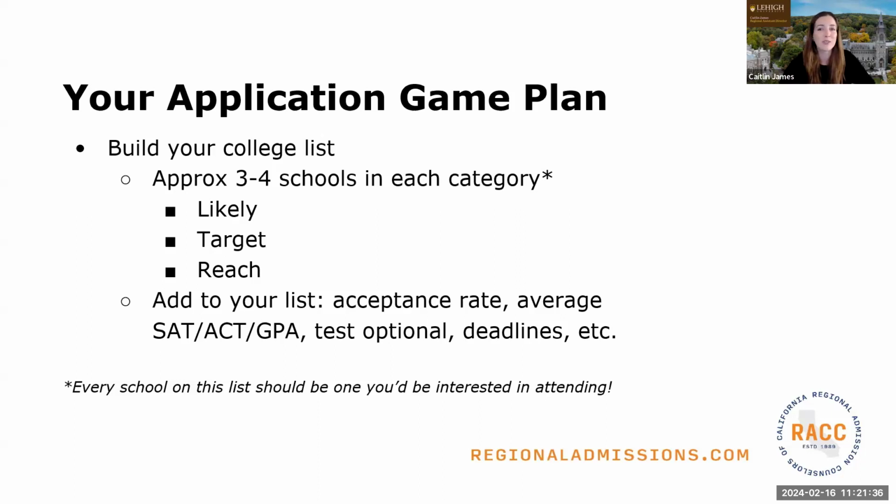But you have to get real with yourself, and know that your pathway is going to be your own pathway too. Make sure you add to those lists acceptance rates, averages, the average test scores, whether it's test optional, the deadlines, and a bit of that financial aid information, whether there are any grants or scholarship opportunities that they might offer, whether guaranteed or potential, and take that into consideration when building out those lists too.